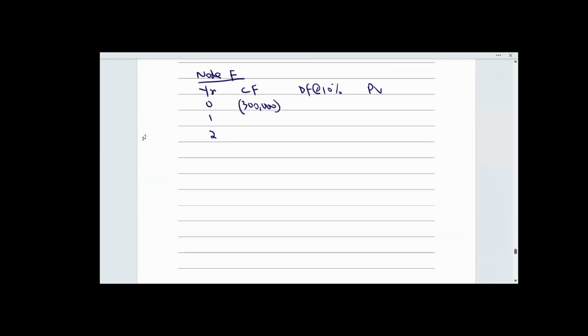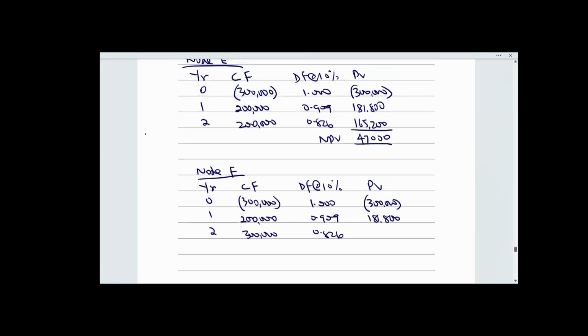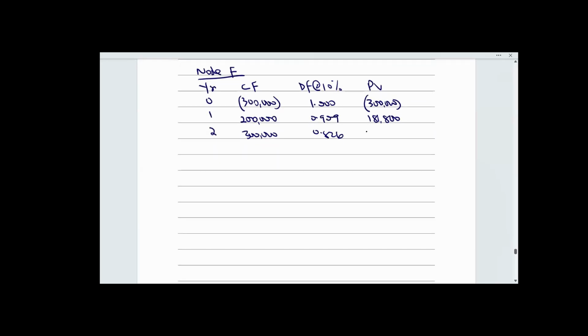Multiply by 0.909, 0.826. 300,000, 181,800. Then 0.826 multiplied by 300. What do you have? 247,800. Final answer.